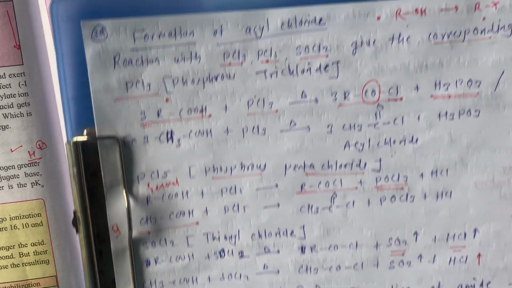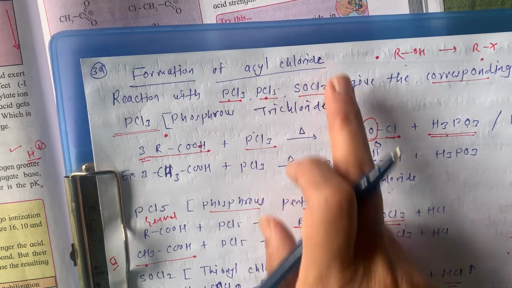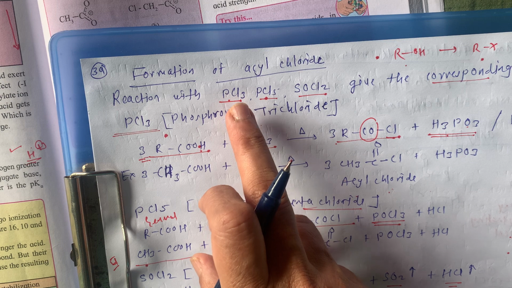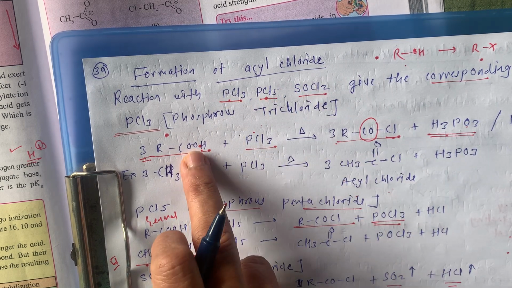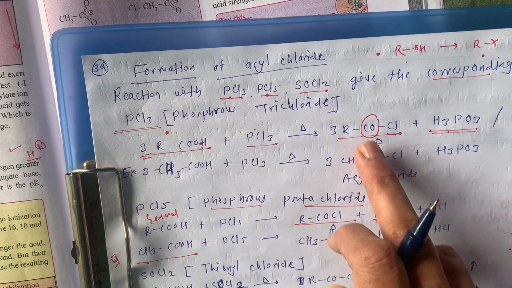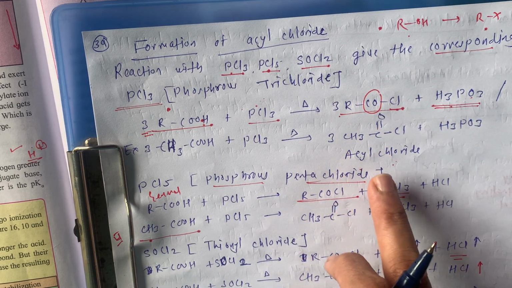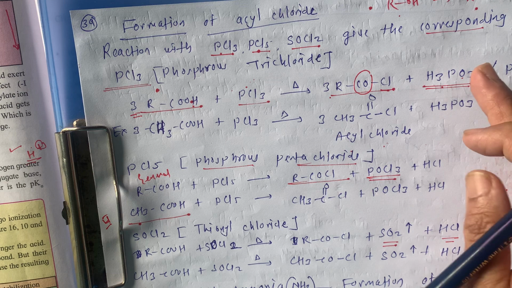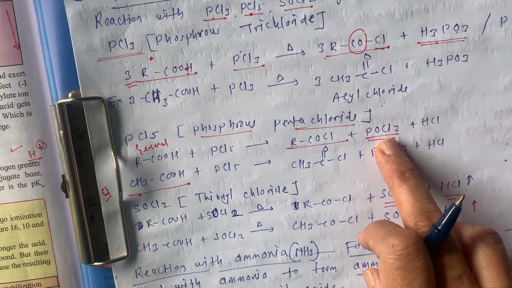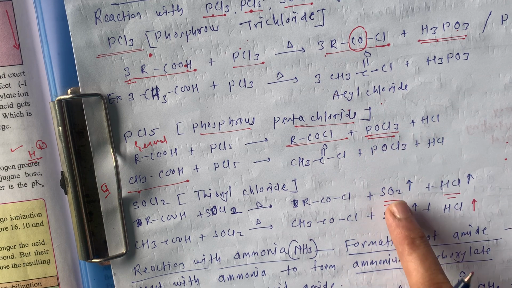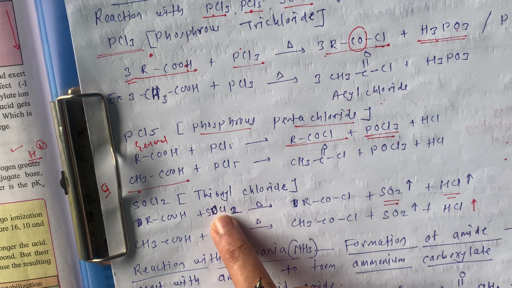This is the formation of acyl chloride. When PCl3, PCl5 or SOCl2 react with carboxylic acids, we get the product RCOCl, that is the acyl chloride, with different byproducts: H3PO3 for PCl3, POCl3 for PCl5, SO2 gas for SOCl2.